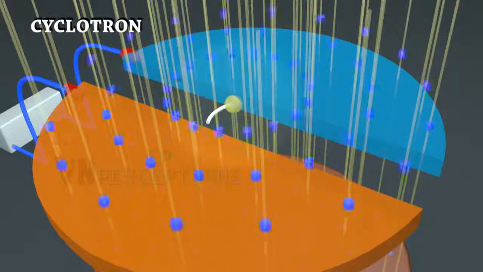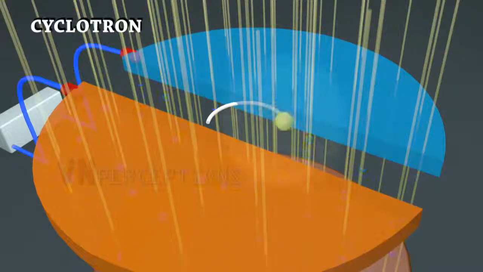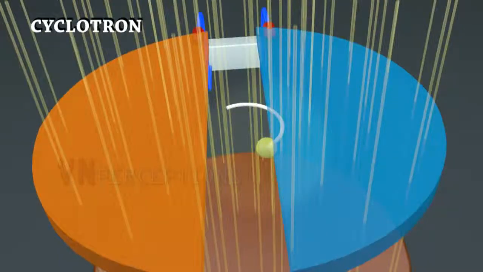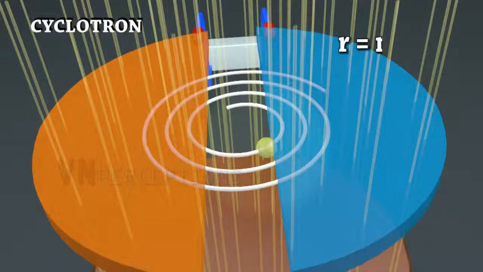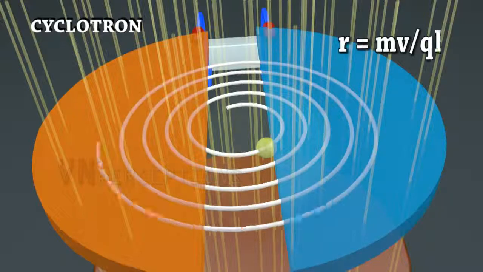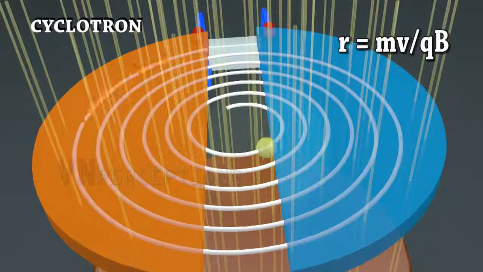The charged particle now moves perpendicular to the direction of the magnetic field. It experiences a force in a direction perpendicular to the plane containing V and B. This force provides the centripetal force and makes the charged particle move along a circular path of radius r equal to mv upon qB.